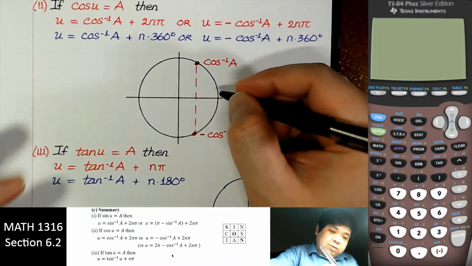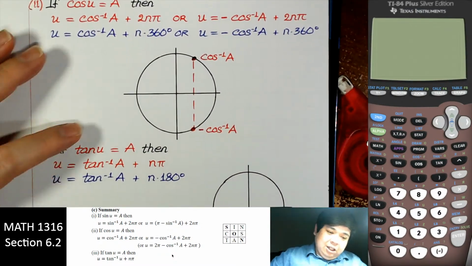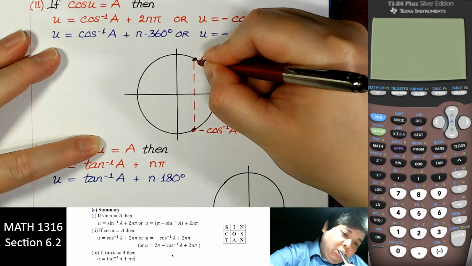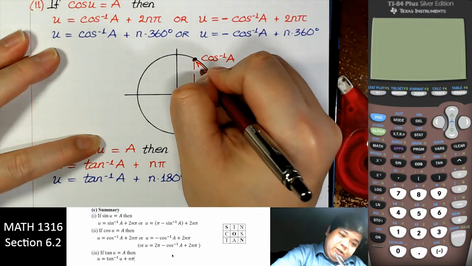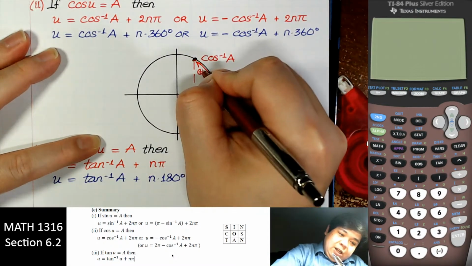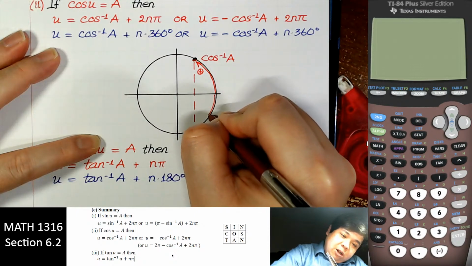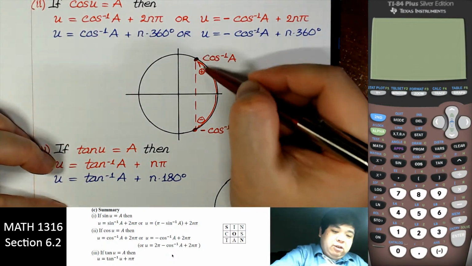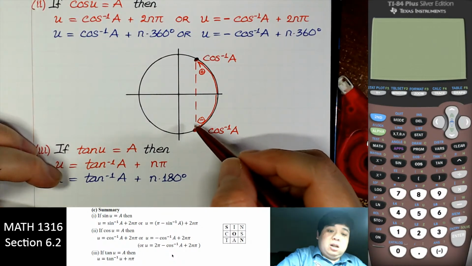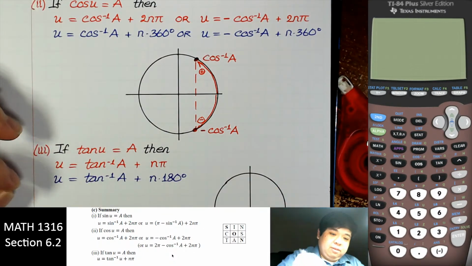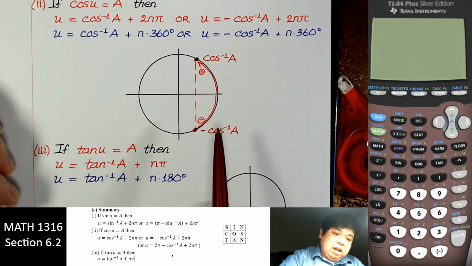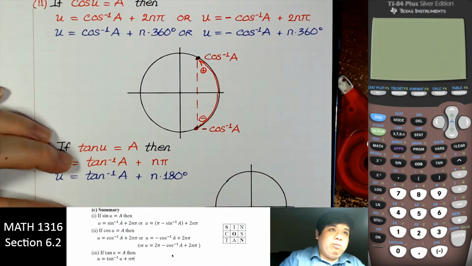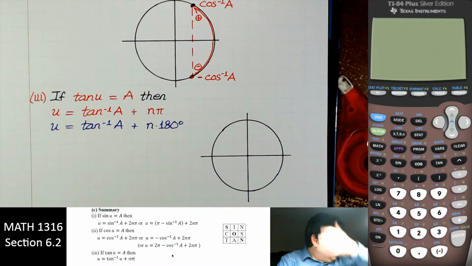So this direction is clockwise, and the counterclockwise direction is positive. So the angle is positive and the angle is negative, but the trig values will be the same. Cosine of that and this will have the same positive values.